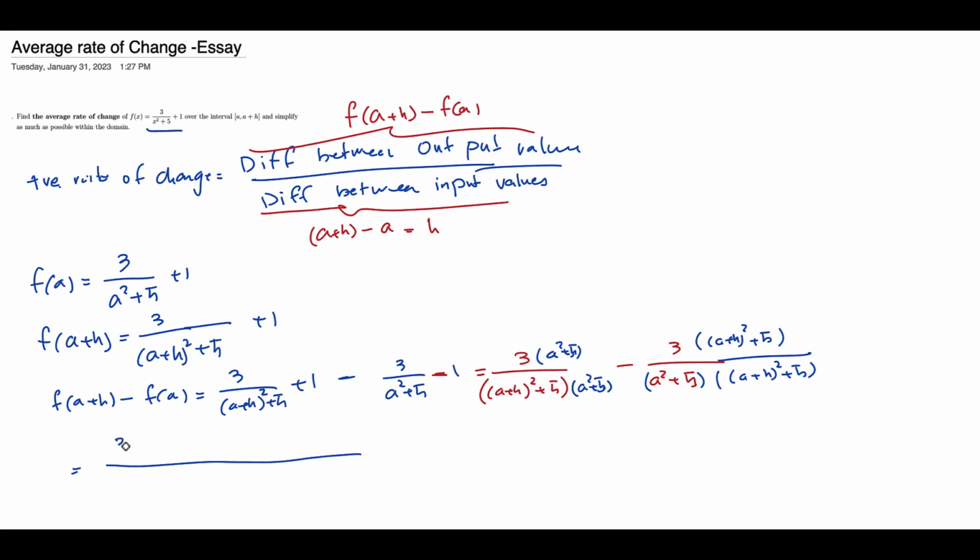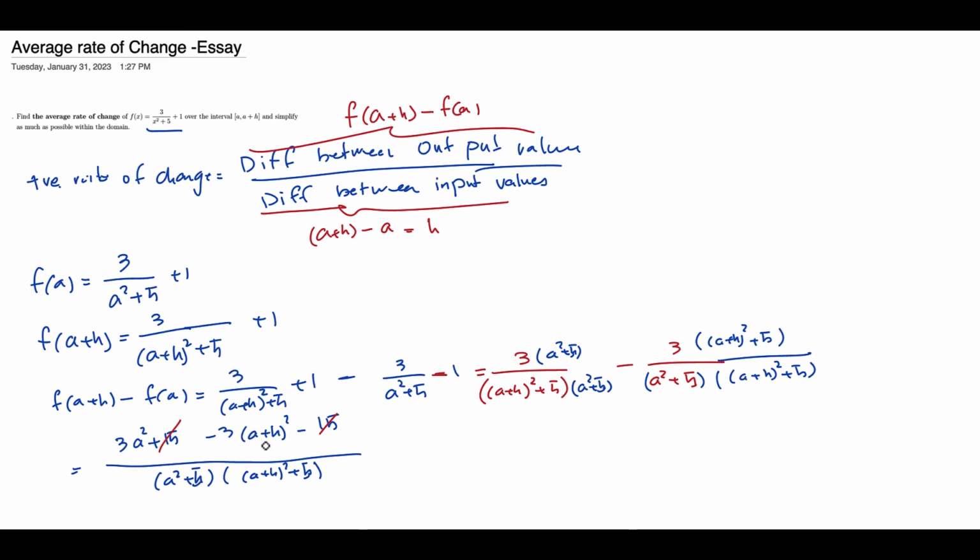What I get is 3a squared plus 15, and over here, negative 3 times (a plus h) to the power 2, negative 3 times 5 is negative 15, and the denominator is the whole thing. Make sure to put both quantities in parentheses. Here again, 15 and negative 15 simplify.